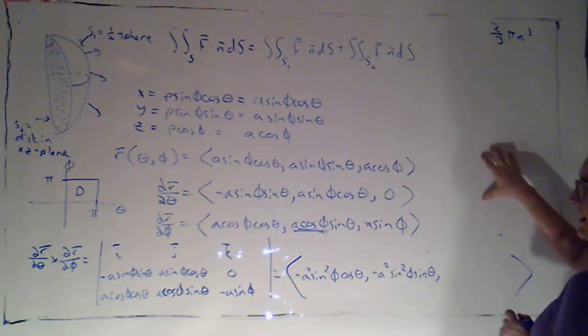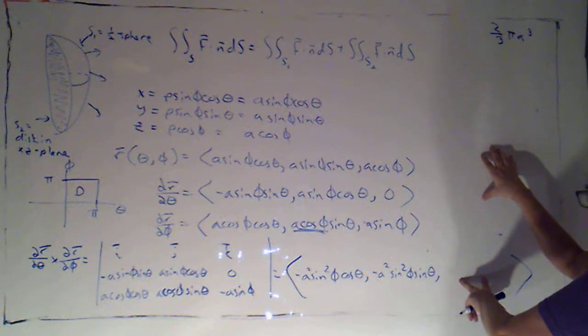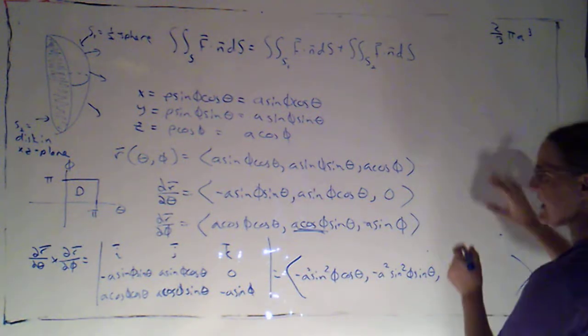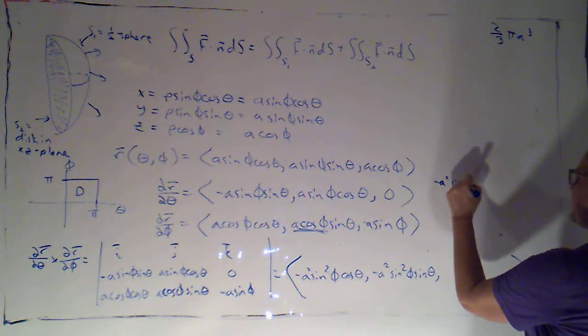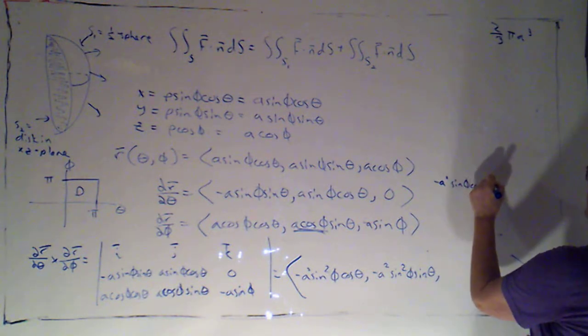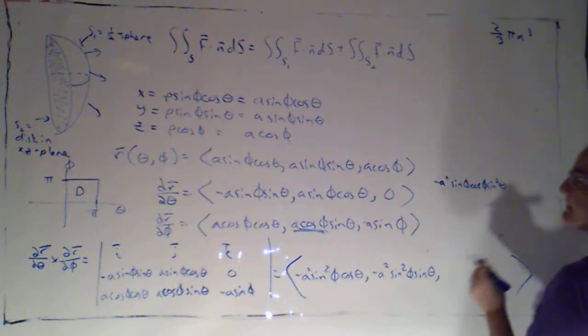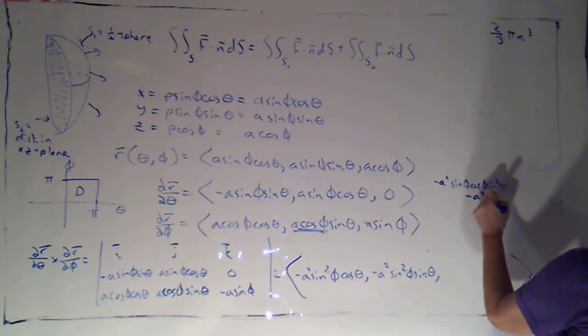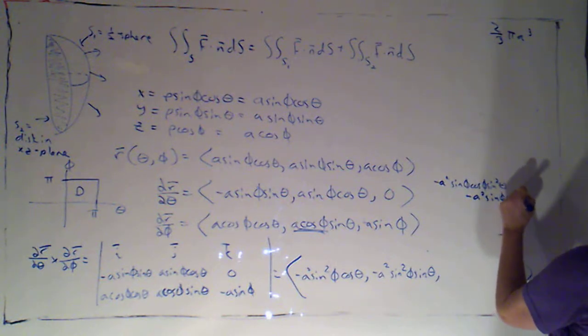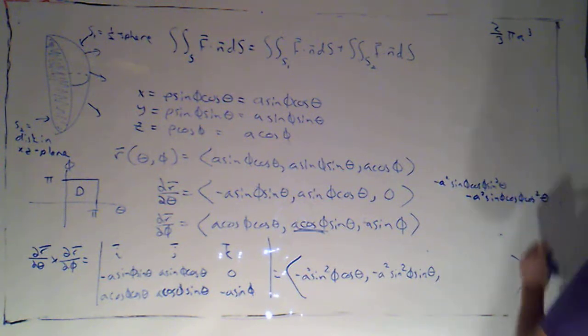Now I'm just going to write what I get up here, because then I'm going to simplify it and put it here, because I don't have a whole lot of space. So I'm getting negative a squared sine phi cosine phi sine squared theta minus a squared sine phi cosine phi cosine squared theta.